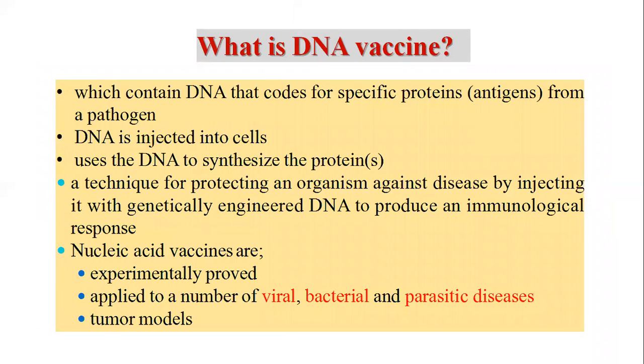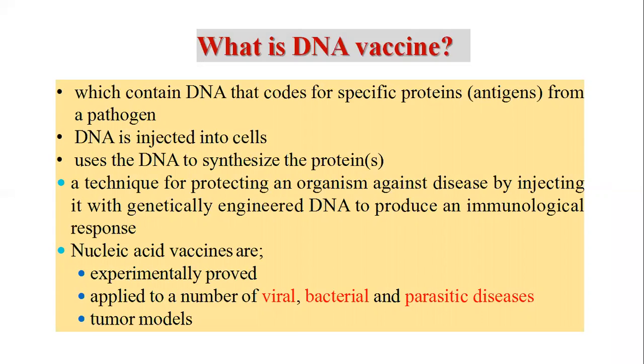Now we are coming into a different section, that is DNA vaccine. So what are DNA vaccines? Vaccines that contain DNA that codes for the specific protein, means the antigen from the pathogen. So we are isolating the DNA, and the DNA is injected into the host cell, and this DNA, after entering into the host cell, is used to synthesize a protein, and this protein has the antigenic property.